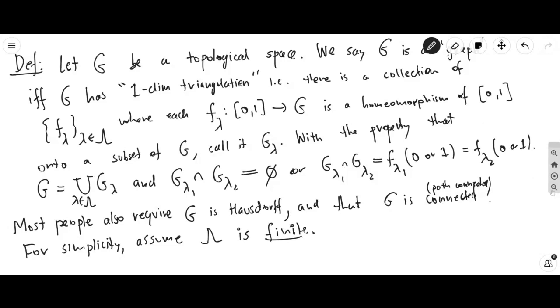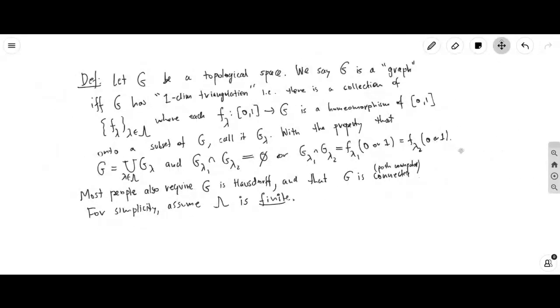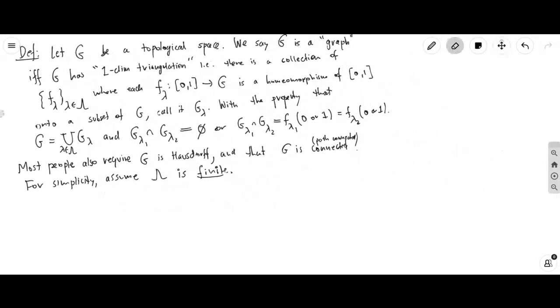Let me say one more thing in this definition before I finally show you some examples. This is a definition that does not end. It seems to just keep going and going. The subsets G lambda are called the edges of the graph.